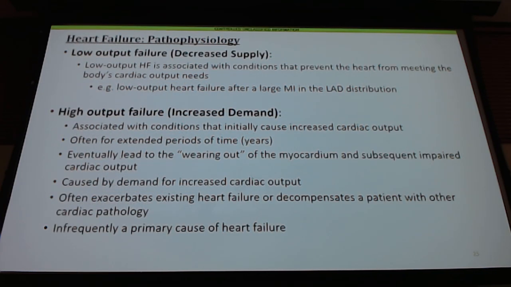Low output failure. So basically, think of this as low cardiac output, and we've already kind of hit this. But high output failure is where the heart's able to generate a cardiac output, but it's got to do it at such a high rate for such an extended period of time that it wears out the heart.